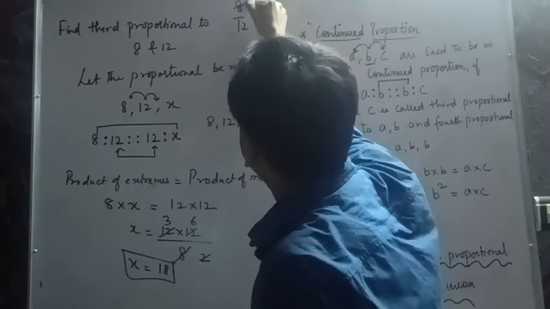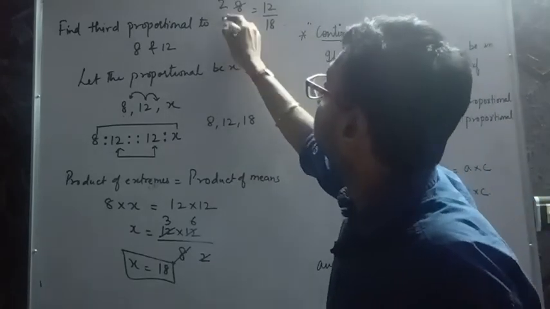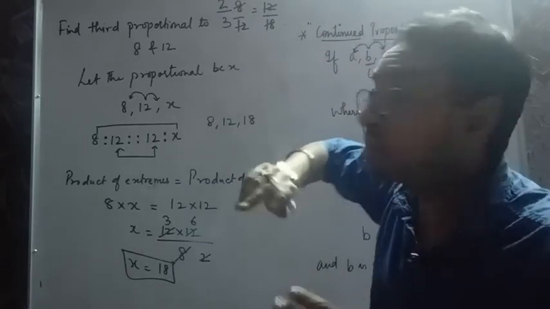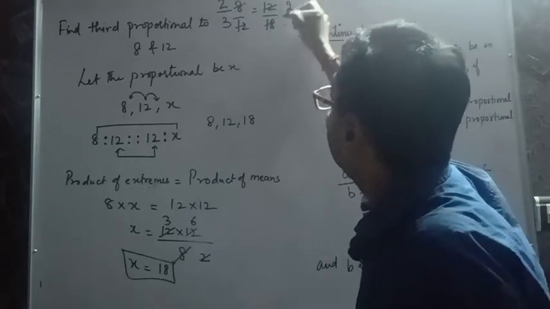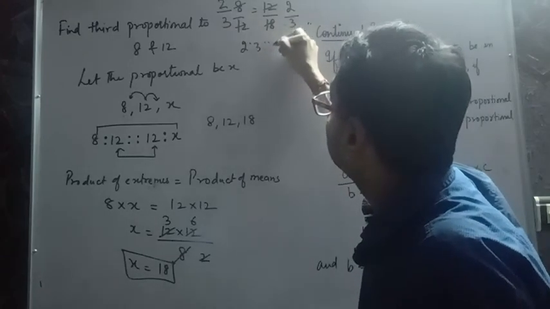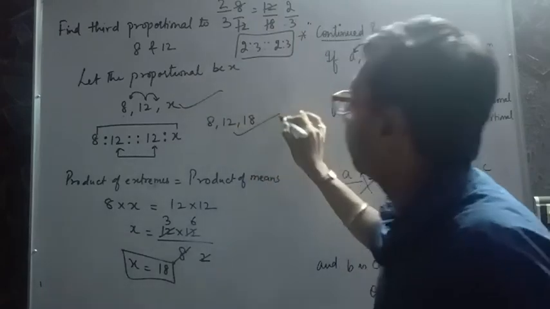If I cut 2 4s is 8, 2 3s are 6, so 2 ratio 3. I'll be cutting on the table of 6, because 6 2s are 12 and 6 3s are 18. So 2 ratio 3 is proportionate to 2 ratio 3. They are equivalent, hence they are in proportion.